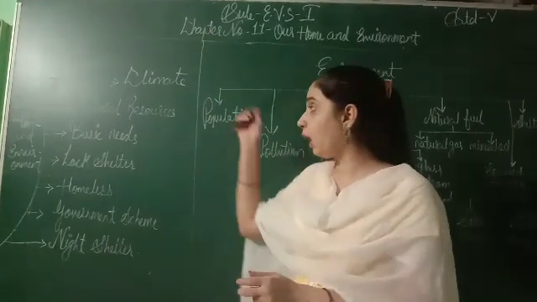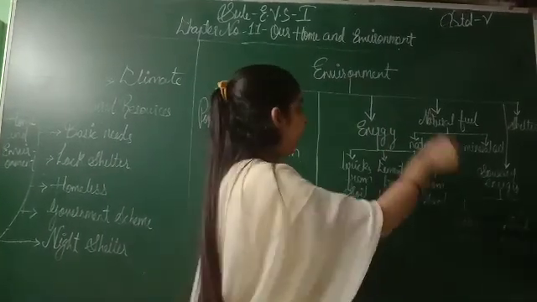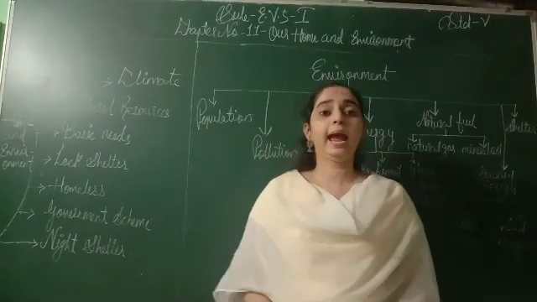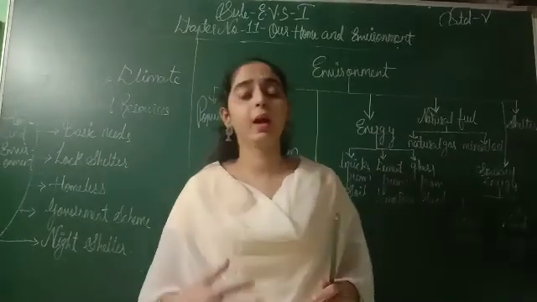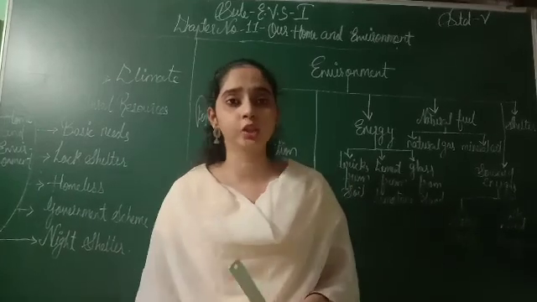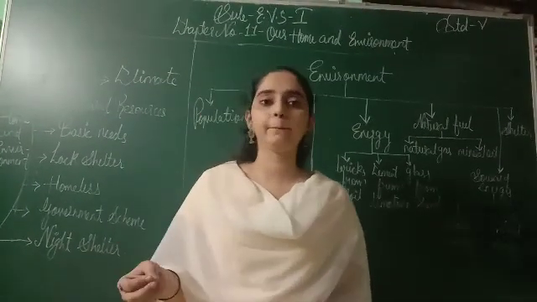For any shelter we make, we require all these points. And nowadays human beings prepare different kinds of shelter also, known as eco-friendly shelter. Now there are some characteristics of eco-friendly houses.